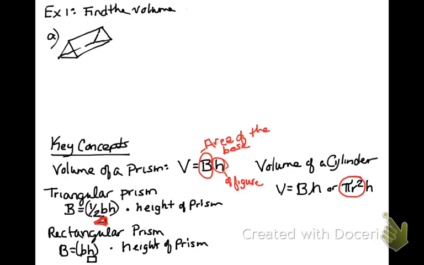And so you have the height of that triangle, 6 feet, and the base is 8 feet. And the height of the whole prism will be 9 feet.